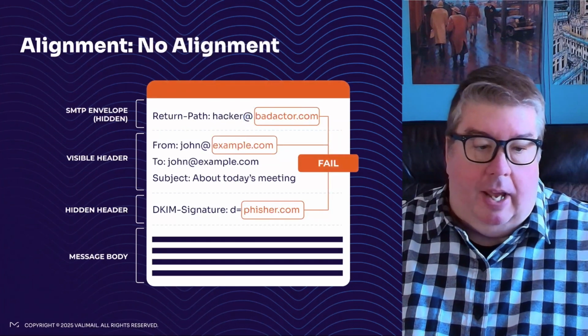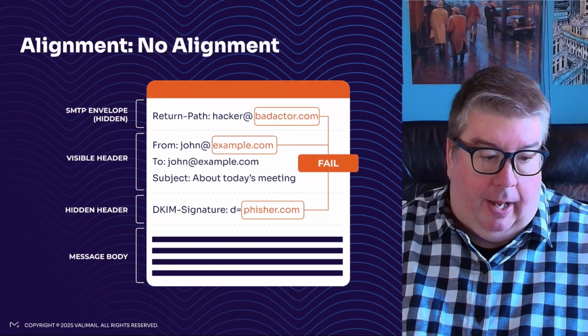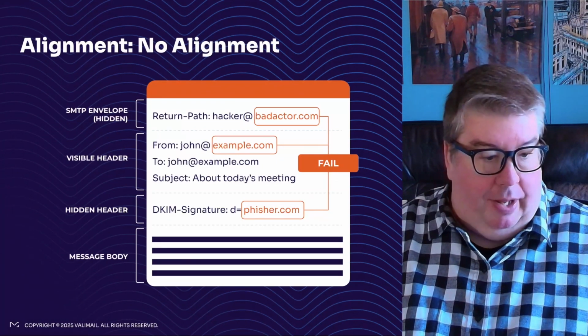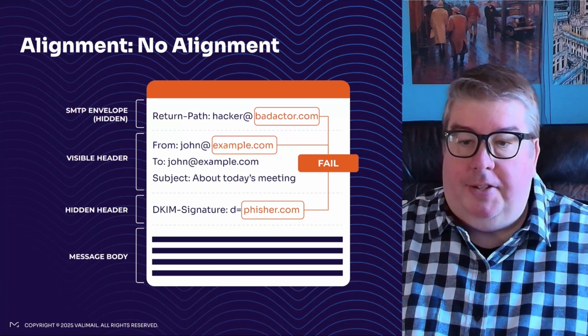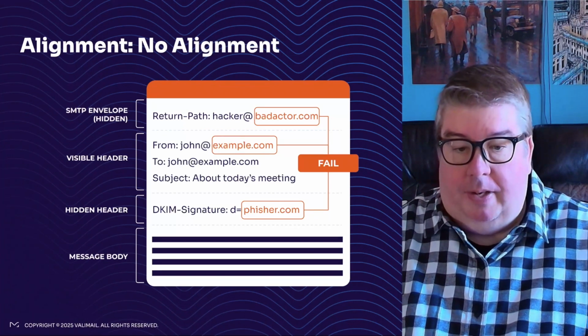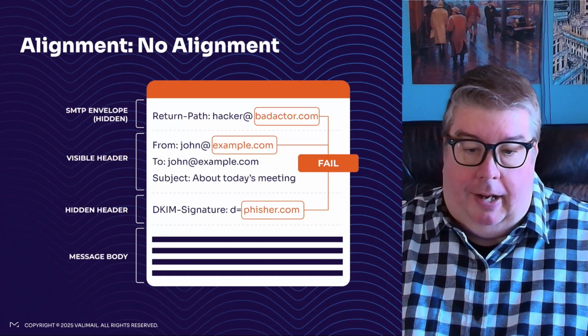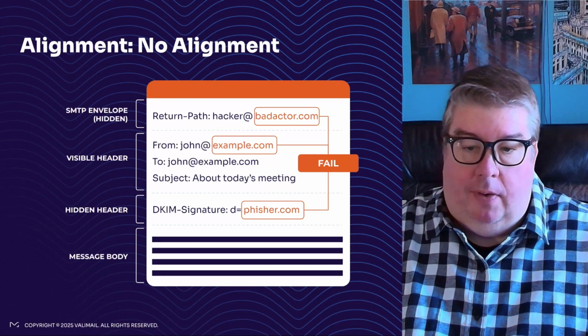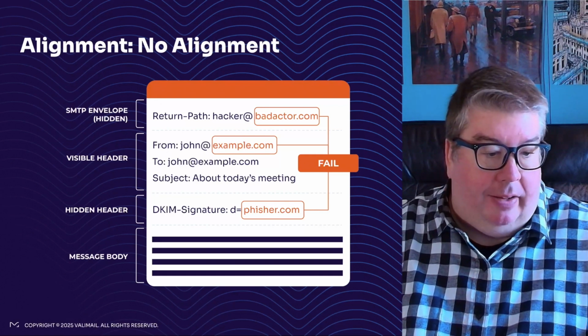Now, in the case of phishing or spoofing, bad guys often will not be able to authenticate with the legitimate domain. And so they'll have a different domain in the return path. They might also have a DKIM signature with a different domain in it. And this is what bad guys have been doing for a long time to try to sneak their way into the inbox.